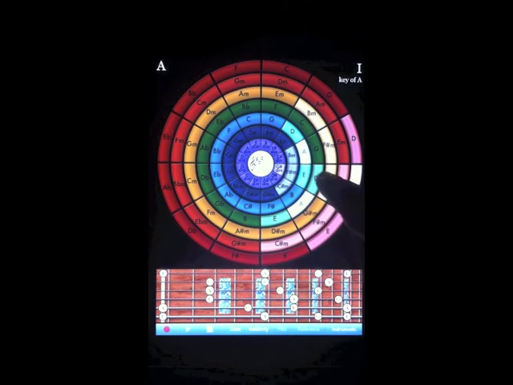I'm only pointing this out just for one second so you can take a look and see where the related chords exist. You'll see that they're white matches for the exact things. What is red in one pie slice is green in another pie slice, and blue in another.